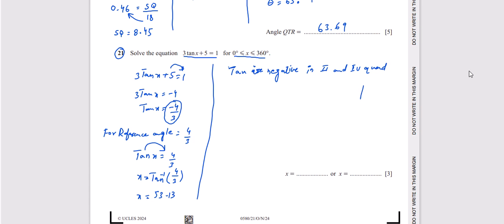Like this is a quadrant: first, second, third and fourth. This quadrant angle is equal to 90, this is 180, and this is 360. So subtract the required angle from 180. So x is equal to 180 minus 53.13.